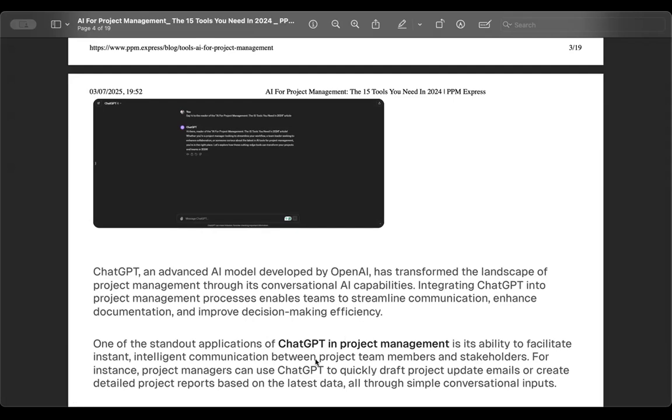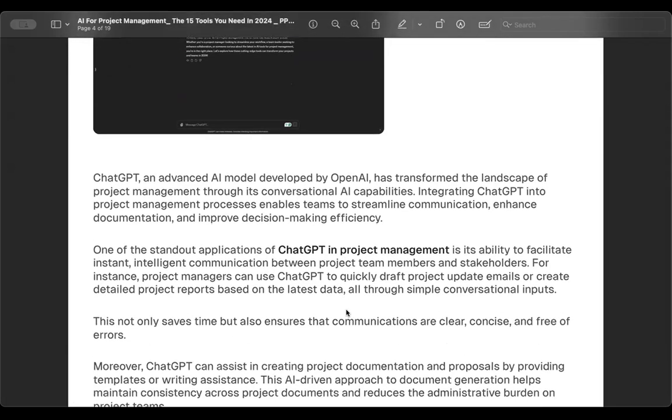Integrating ChatGPT into project management processes enables teams to streamline communication, enhance documentation, and improve decision-making efficiencies. One of the standout applications of ChatGPT in project management is its ability to facilitate instant, intelligent communication between project team members and stakeholders.